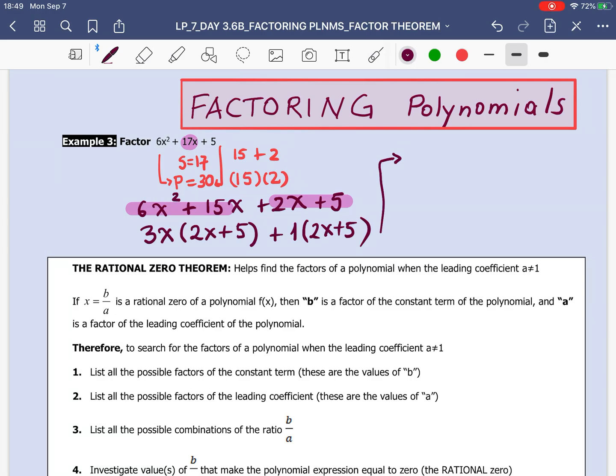And now we have a common binomial of 2x plus 5, and the other factor will be 3x plus 1.